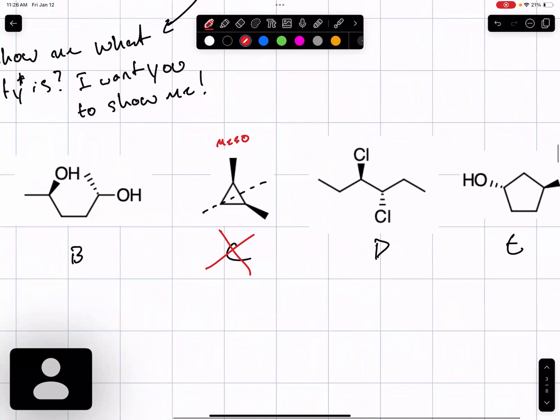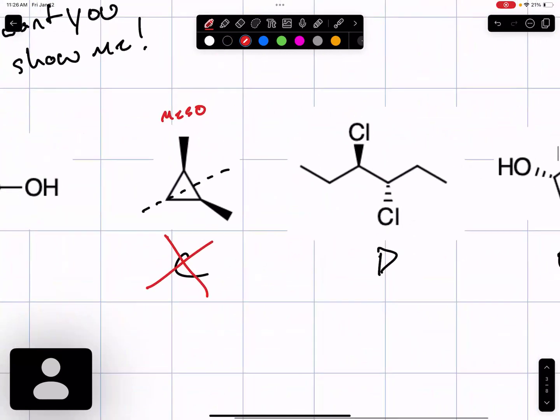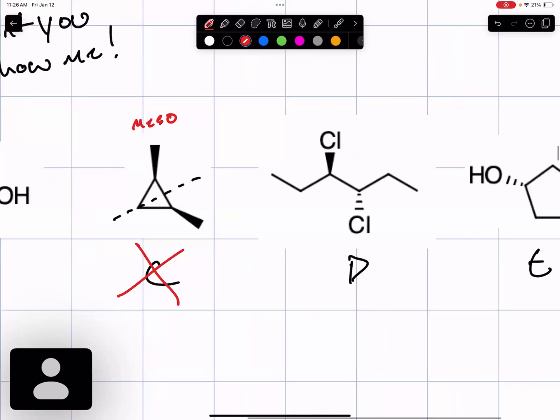All right. How about I'll do the example with D and then with B. How about with D? Is there symmetry with this molecule? Think about it this way.